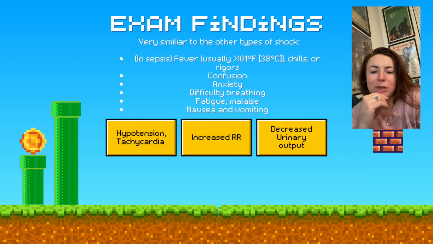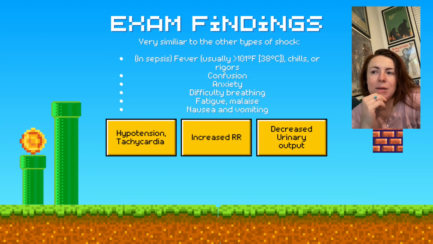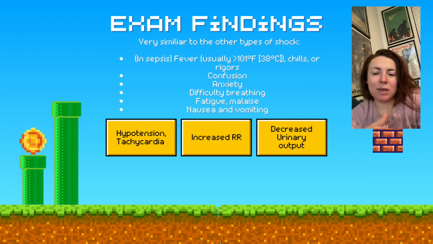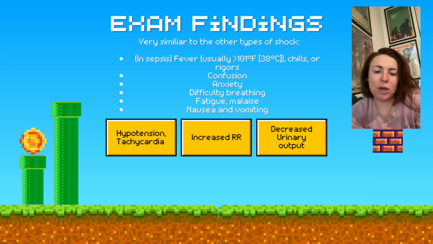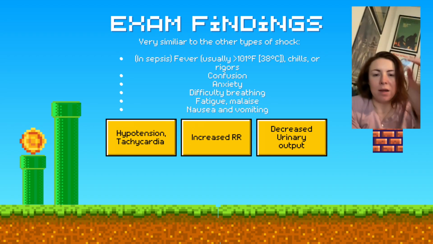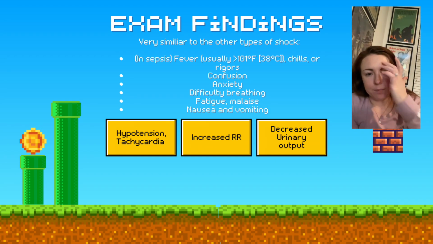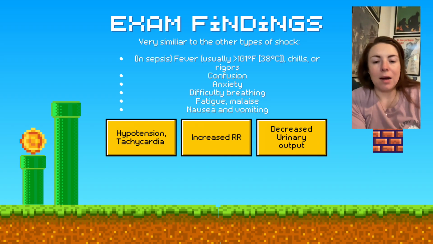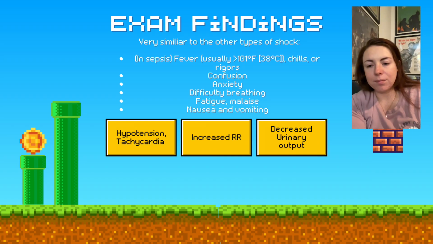Once it's trying to compensate and it's no longer able to compensate, we'll see a switch, and the body will no longer be in a fever state, but it'll be cold and clammy.